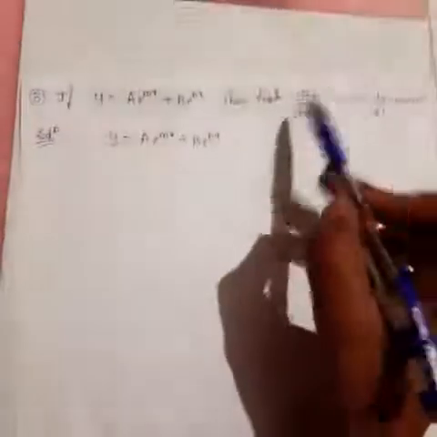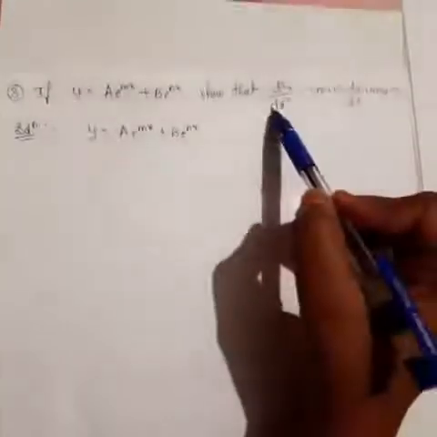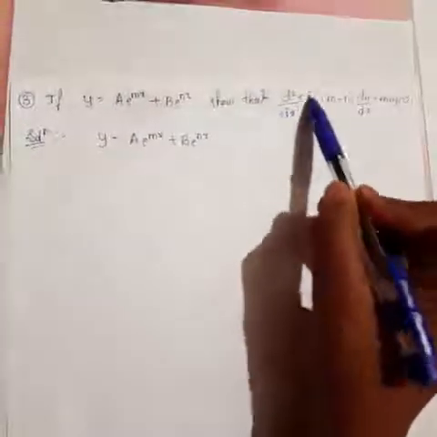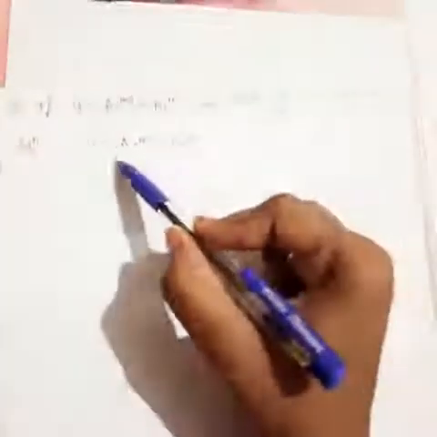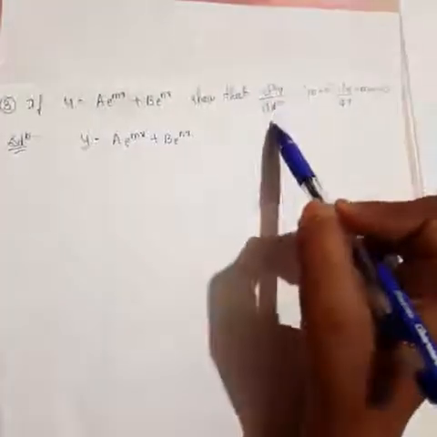Now observe here, we have to show this, which means first we have to differentiate this equation 2 times. You will get d square y by dx square.